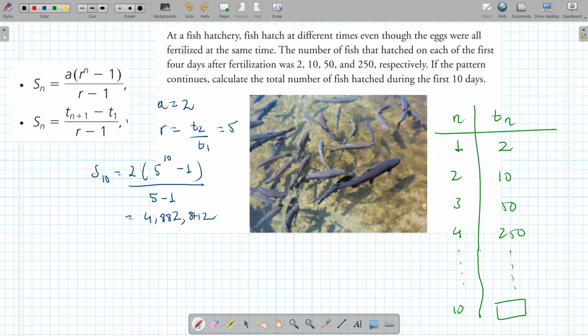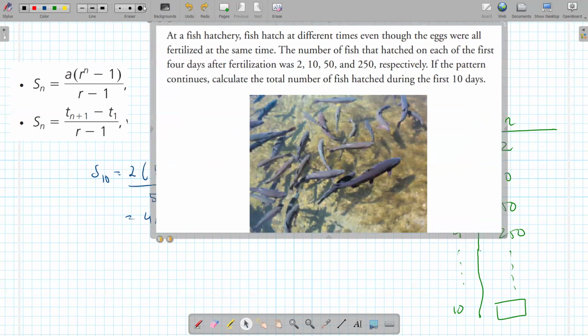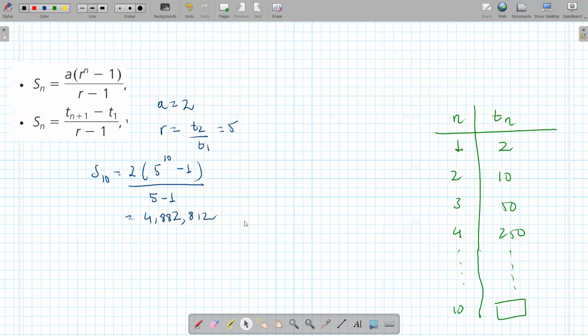So that's if you use the top formula. How would you do this question using the bottom formula? Then things become slightly tricky. Here, you don't have to use it, but I'm going to show it to you anyways, in case you wanted to use the bottom formula to check your answer. Step number 1 is you need to find your T10.